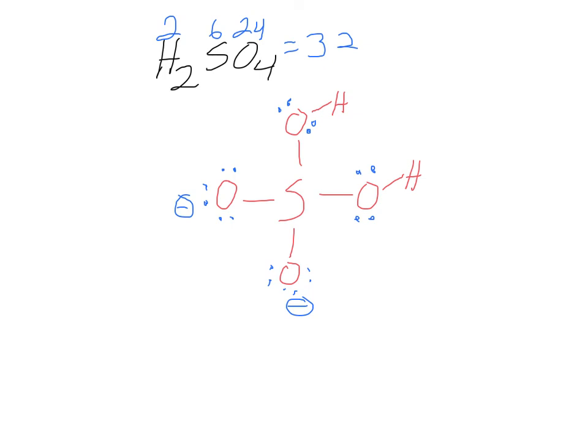How many electrons do we need to have in the complex, in lone pairs or in bonds? So let's add them up. 2, 4, 6, 8, 10, 12, 14, 16, 18, 20, 22, 24, 26, 28, 30, 32. But there's a problem here. Sulfur is actually going to have a plus charge. So you could have drawn it this way, but sulfur would have to have a +2 in this situation to make the charges balance out.